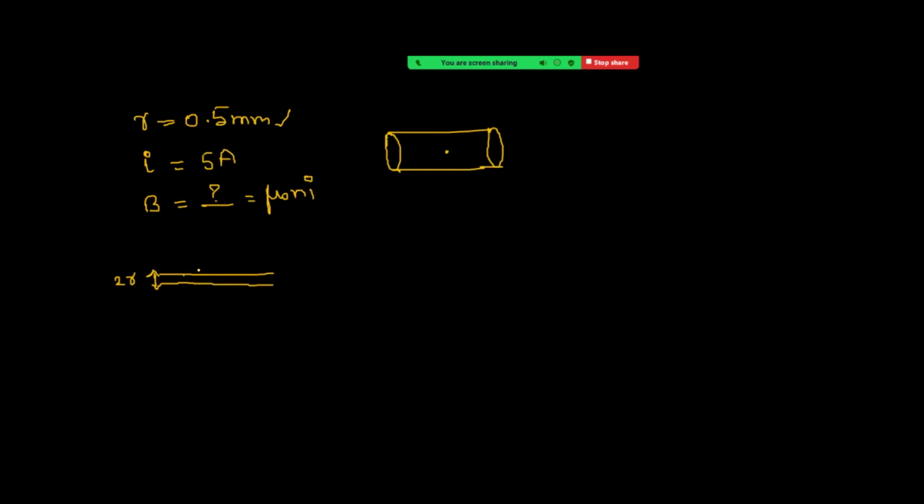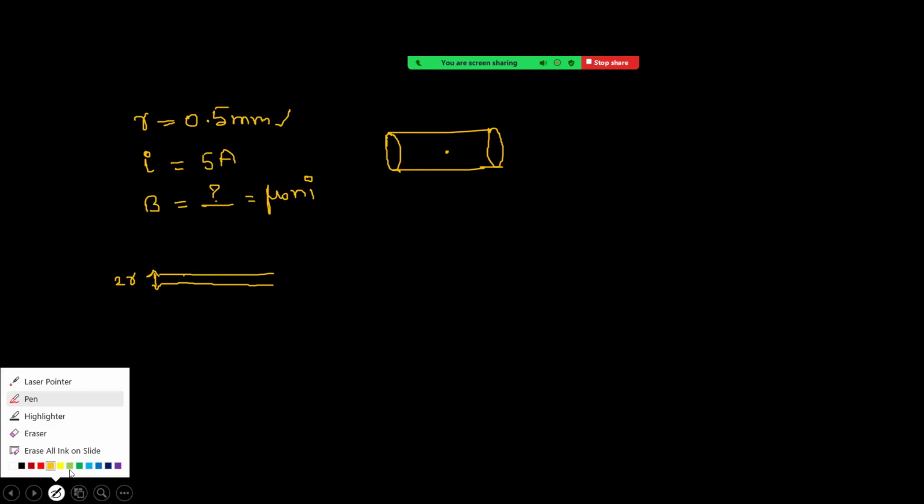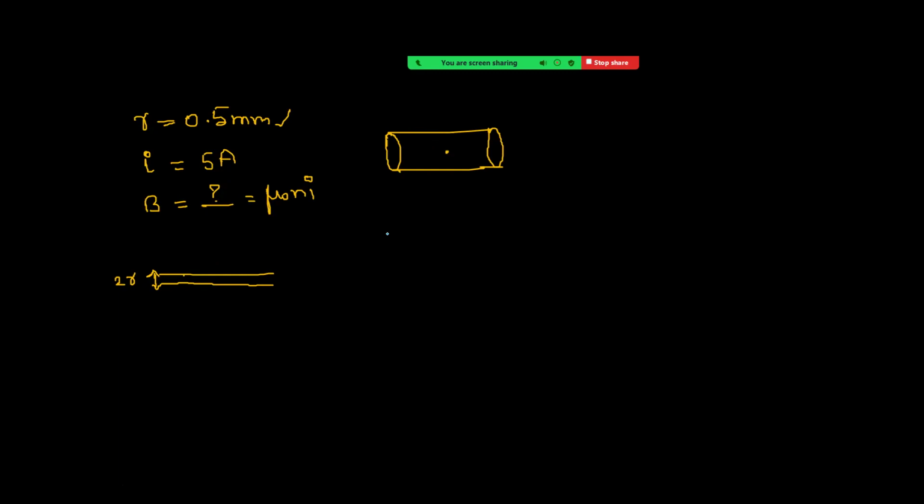If you are winding this wire on the solenoid, see carefully, in a length of 2R we have only one turn, because this length is nothing but the diameter of the wire which we are winding on the cylinder, means on the solenoid.